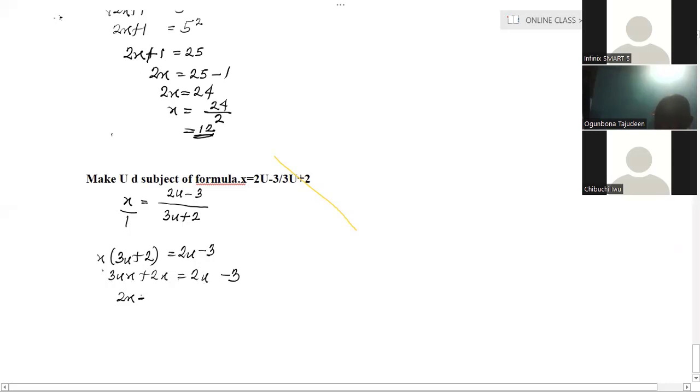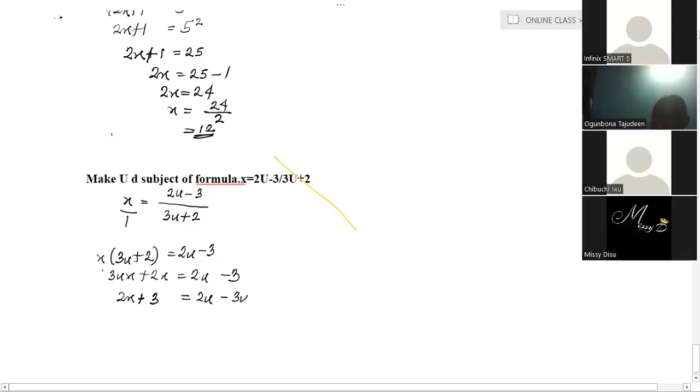So we take 3 to the other side, we add it: 3 plus 2x is equal to 2u. We take 3ux to the other side, minus 3ux. Then from here we have 2x plus 3 equals u is common into 2 minus 3x.